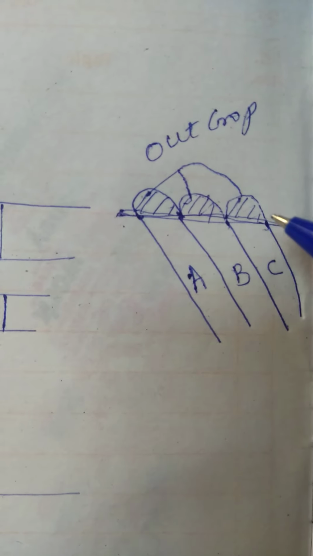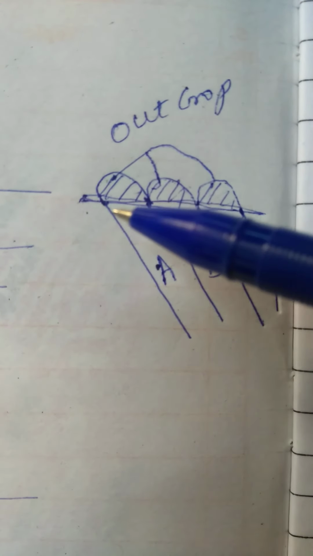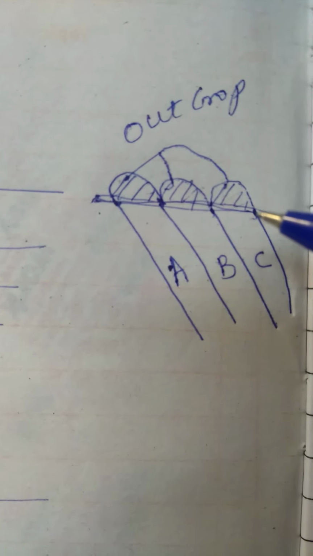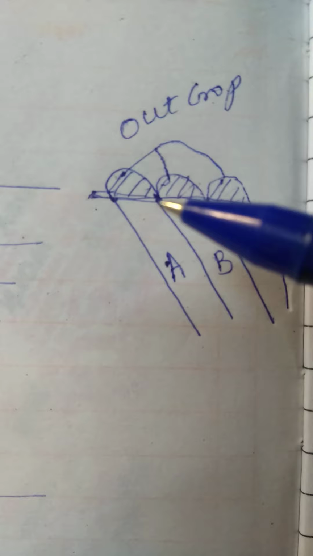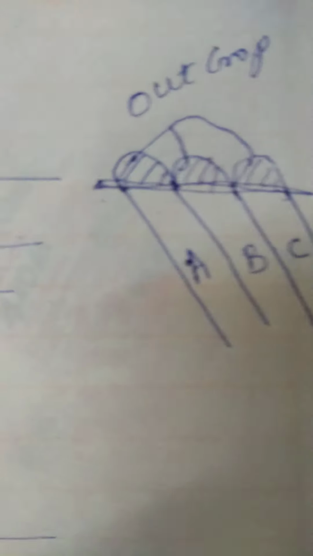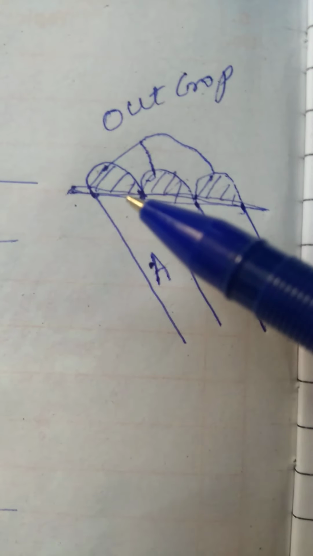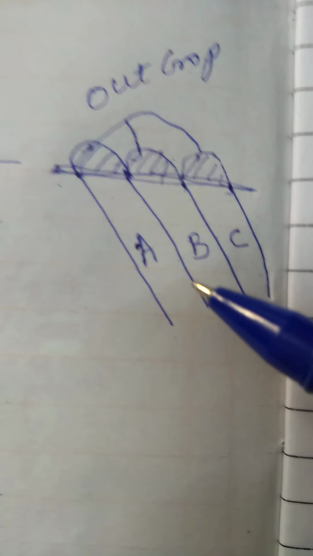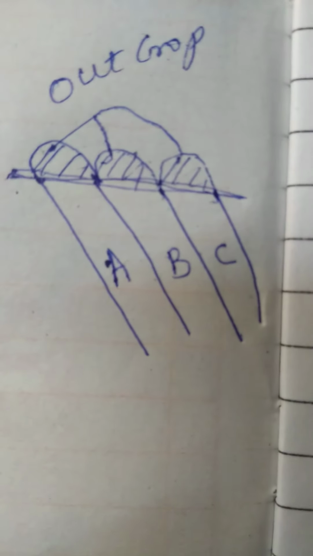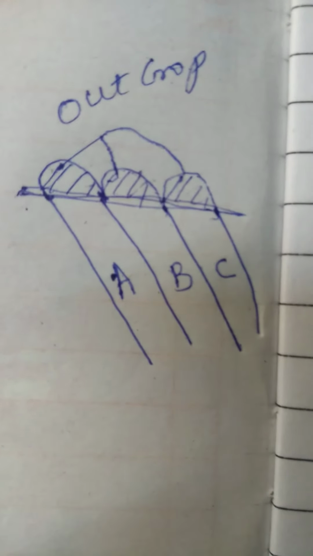With the help of these outcrops, we can identify the thickness of beds: from here to here one layer, from here to here another layer, first layer, second layer, and third layer. Like this we can identify the thickness and width of the bed, and also make out the inclination, in which direction the rocks have inclined. That can be identified with the help of outcrop. So outcrop is very important to identify the dip.